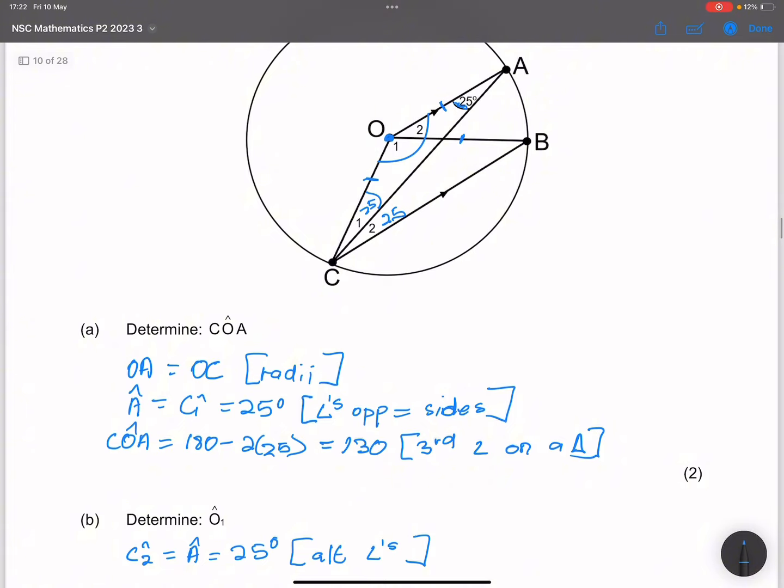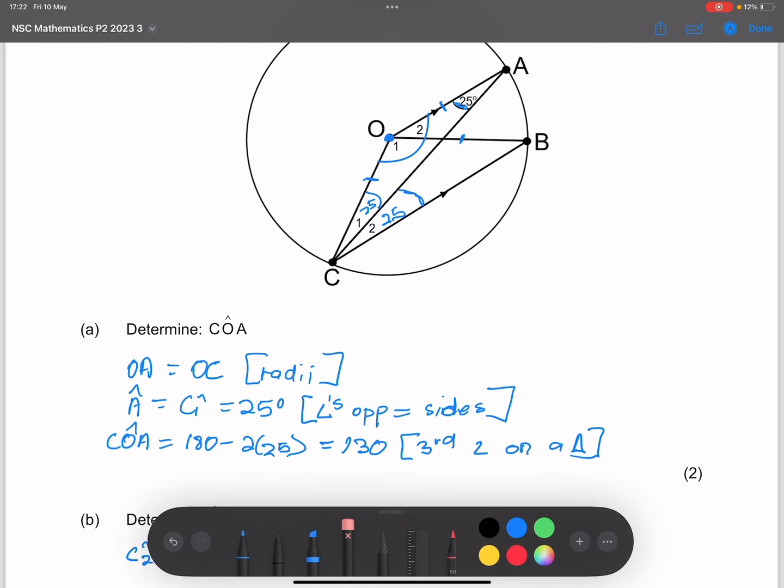So now I want us to note, ladies and gents, that angle O2 would be the angle at the center, and C2 would be the angle at circumference, right? Remember, both of them are subtended by chord AB. So angle at center twice angle at circumference.